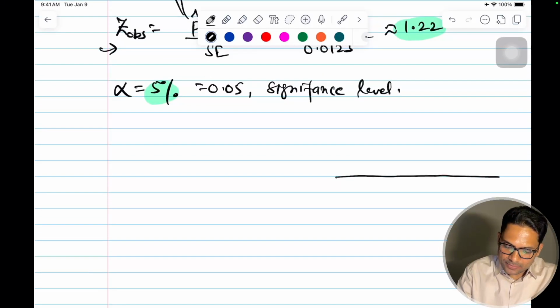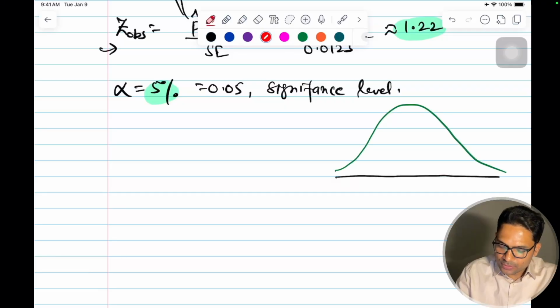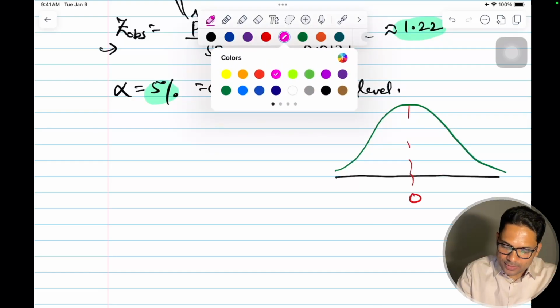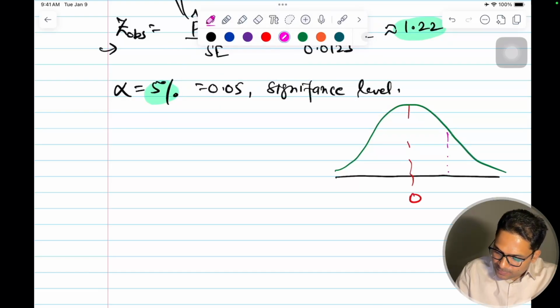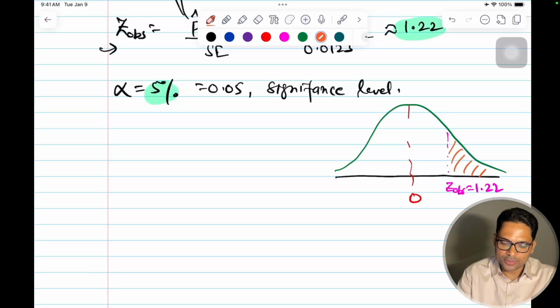So we have found out that this is a normal distribution. Here your mu is there, and now we have found that your z observed is equal to 1.22. So this is my p value. There will be some area under the curve corresponding to this.